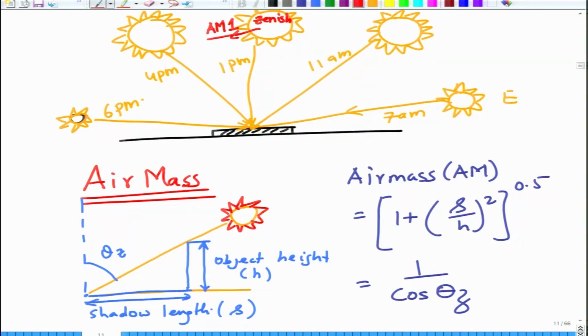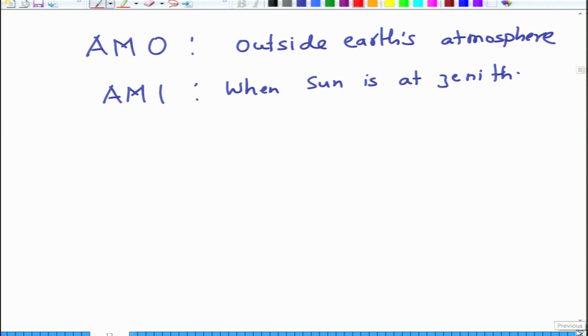So you can't define it on the basis of that, but what it basically means is that AM0 means you have nothing falling, all right. So it is outside Earth's atmosphere, so the sun is not falling. And then another value which is defined is called AM, so you can say AM0 is basically undefined, okay.